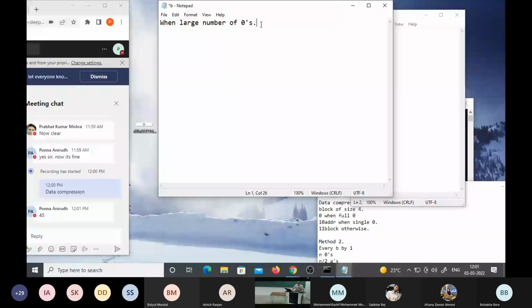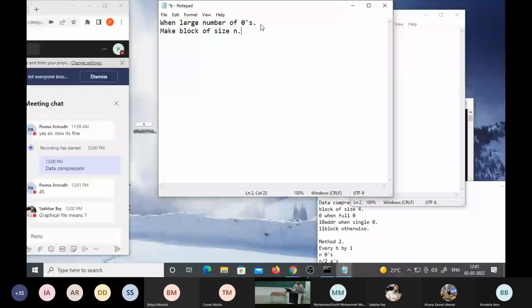We make blocks of size, let us take n. And as I have told you, there are a large number of zeros in the file.